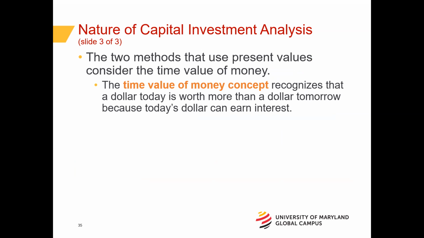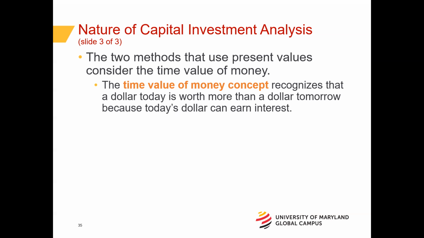We call these things the time value of money. Time value of money recognizes that $1 today is worth more than $1 tomorrow because $1 today can earn interest. So if you think about it this way, I invest $1 into a bank account that has a 10% interest rate per year. Based off of that information, my $1 will earn 10 cents during the year. I leave $1.10 in the bank.